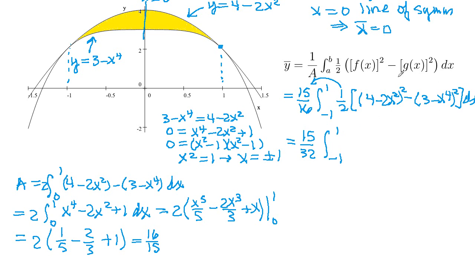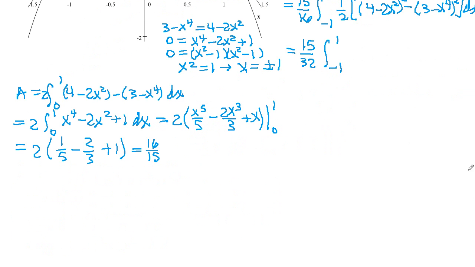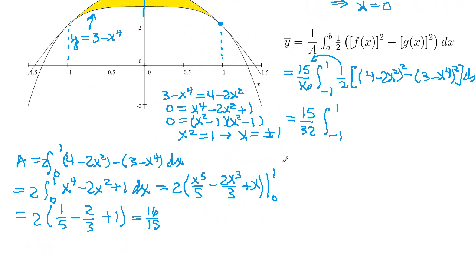And let me go ahead and multiply this out and simplify it, and we'll plug that answer in here. So let's give ourselves a little bit more room. So my 4 minus 2x squared times 4 minus 2x squared, and then minus 3 minus x to the 4th times 3 minus x to the 4th.